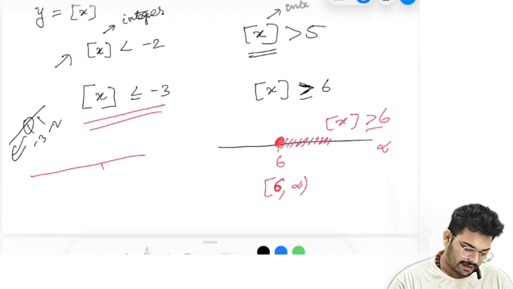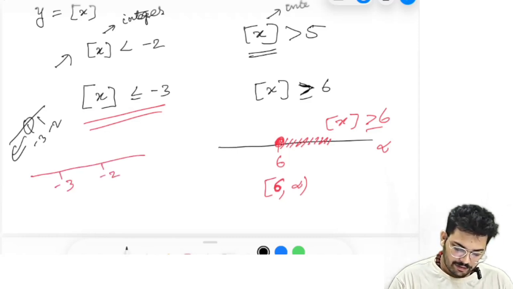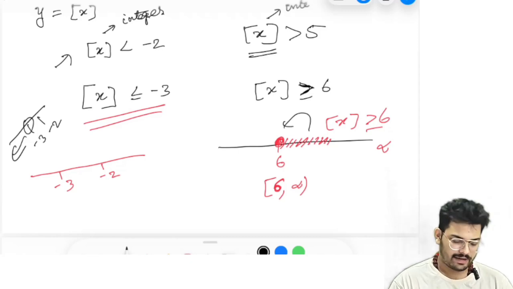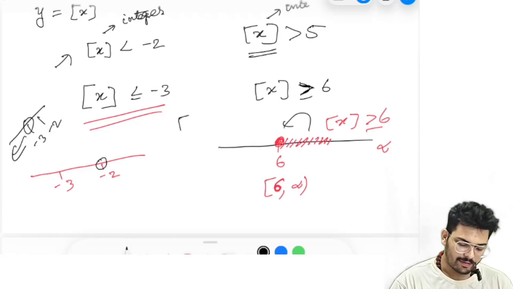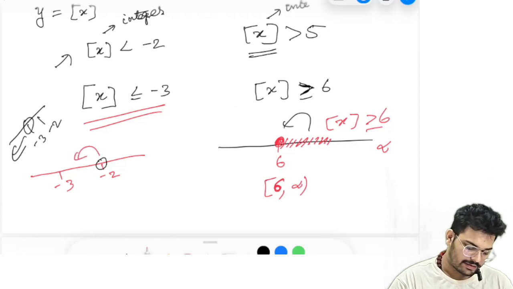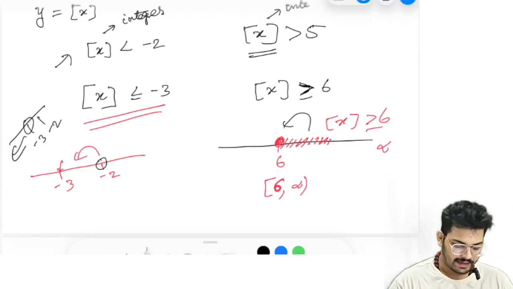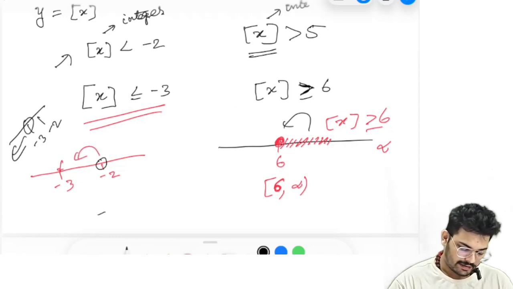So on the number line, minus 2 is there and minus 3 is there. Now we will be going to the left side of the number line. If you take a value slightly less than minus 2, box of minus 2 is minus 2, but a value slightly less than minus 2 has box x equal to minus 3.